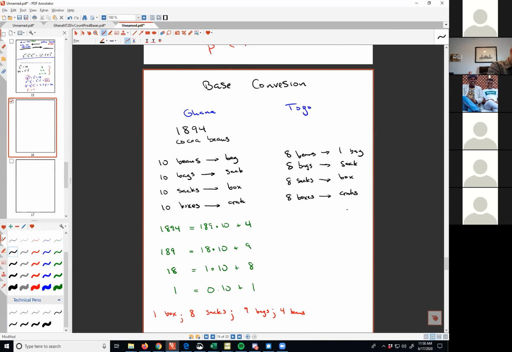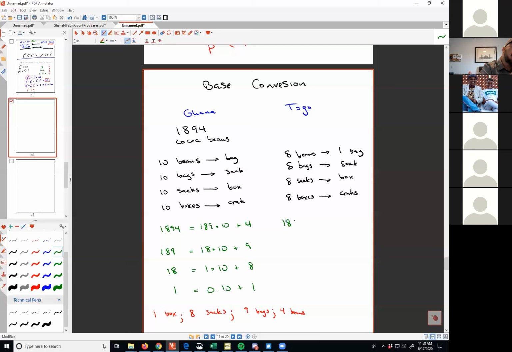So we take these 1,894 beans and we say, how many full bags can we fill? That's the first question. What do we do to find that out? We multiply the amount of beans required for one bag against the number of bags. Or just divide 1,894 divided by 8.